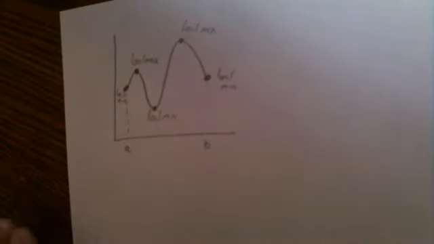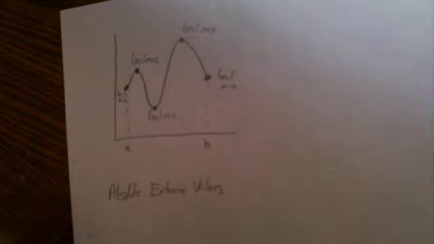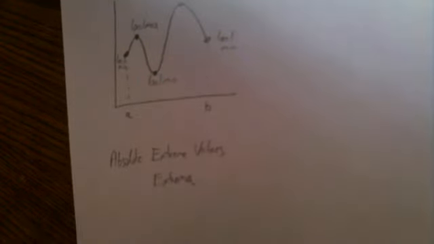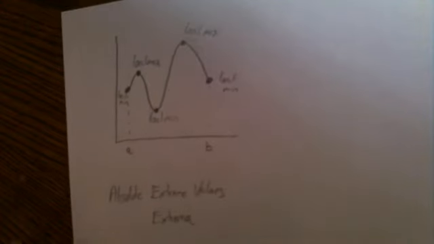In addition to local extreme values, there are also absolute extreme values. Well, absolute extreme values, or absolute extrema, just to pluralize, so we don't have to say values, are the greatest or lowest points in a given interval.